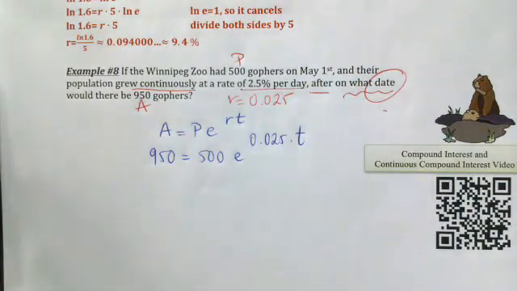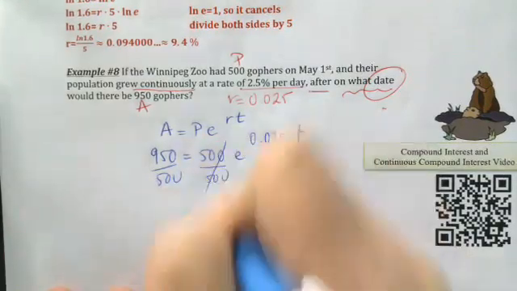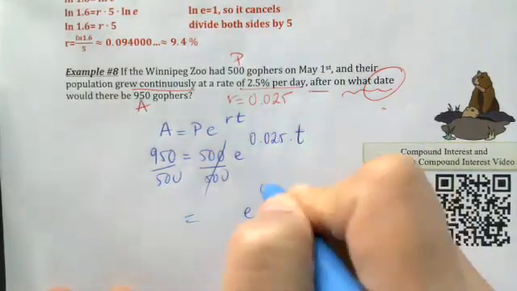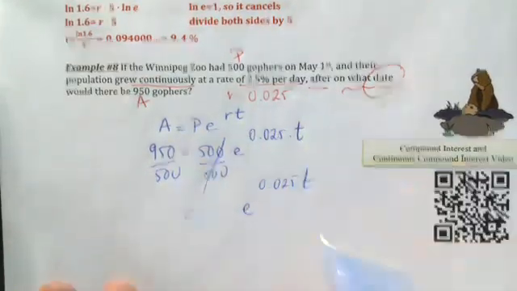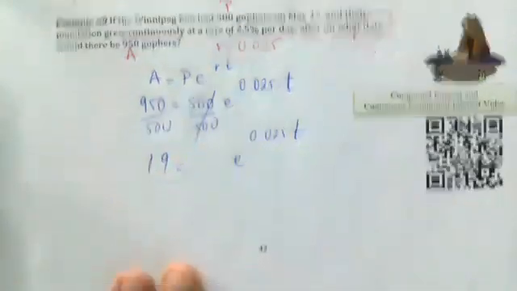The first thing we do to solve this exponential equation is divide both sides by 500. So 950 divided by 500 equals, what is it? 1.89. Okay, 1.9.